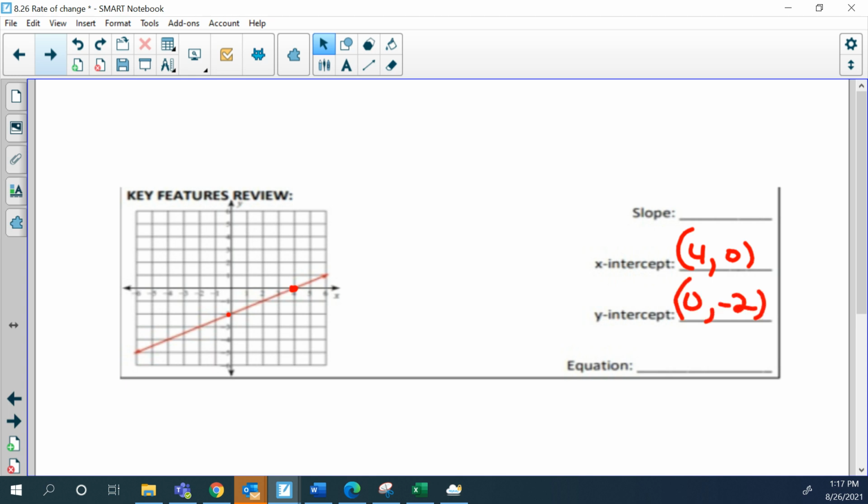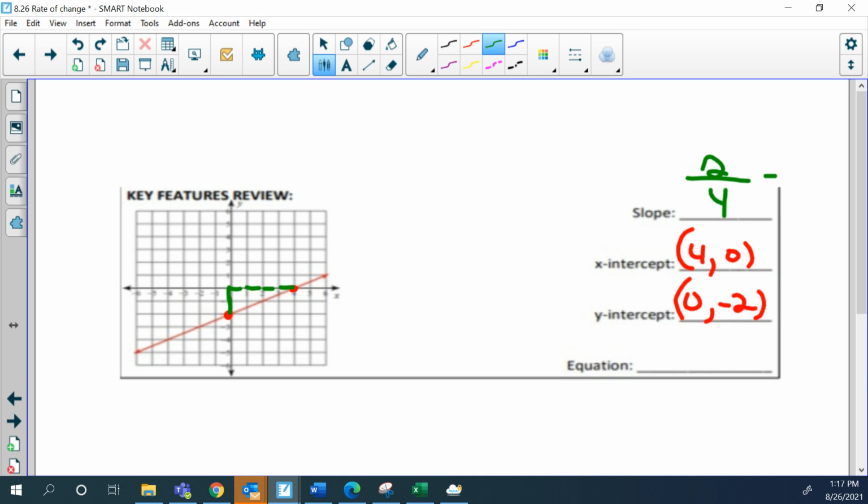Now let's find our slope. I'm going to use these 2 points because if you notice, they're good points. They cross the hash mark. So let's draw my triangle. I'm going to go up 1, 2. So my rise is 2, and my run is going to be 1, 2, 3, 4.